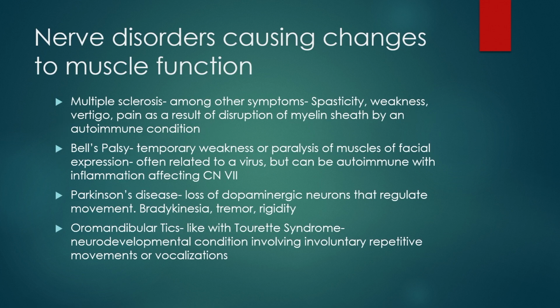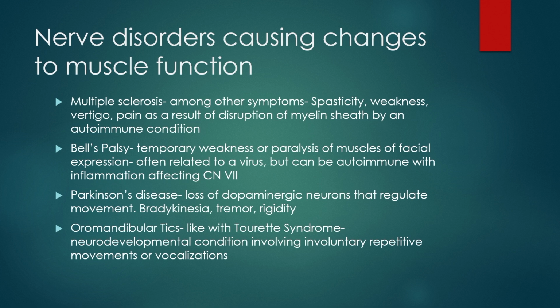Now, there are some muscular, or they appear to be muscular problems, but they're actually nerve disorders that are changing muscle function. So multiple sclerosis is among those. It can cause spasticity or weakness, pain in some areas, all because of the autoimmune condition.